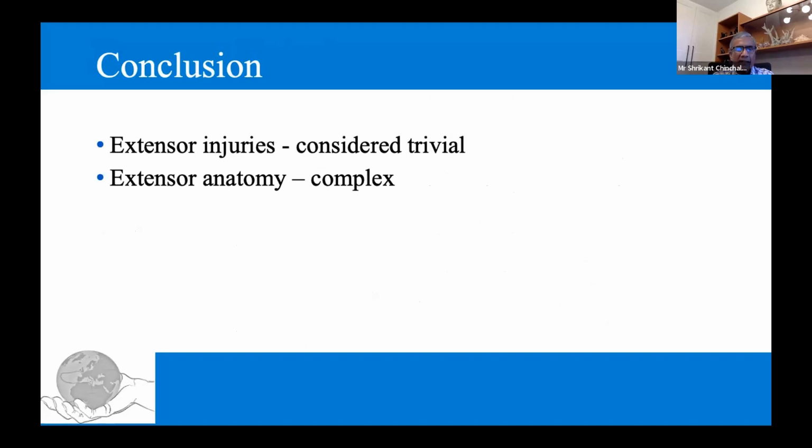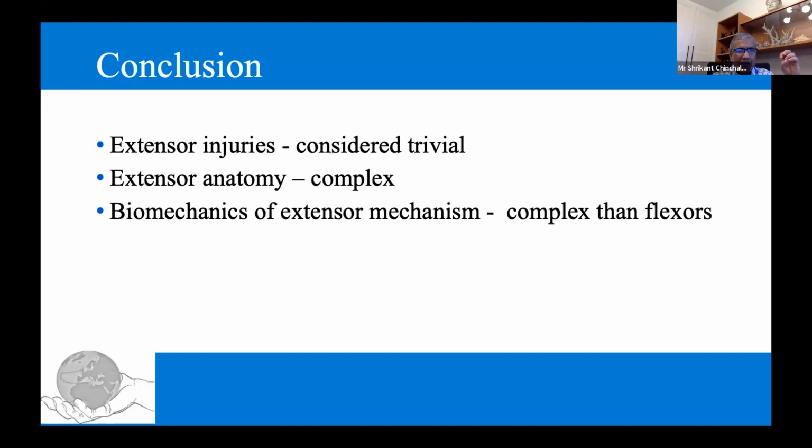It's not only extensor digitorum communis or extensor indicis proprius or extensor digiti minimi that makes extensor anatomy, but extensor anatomy distal to the metacarpophalangeal joint definitely receives contribution from intrinsic musculature, and therefore the intricate relationship between extensor digitorum communis, in other words the extrinsic extensors, and the intrinsic extensors should match and interplay with each other complexly in order for the person to have full flexion and full extension, irrespective of motion of the wrist.